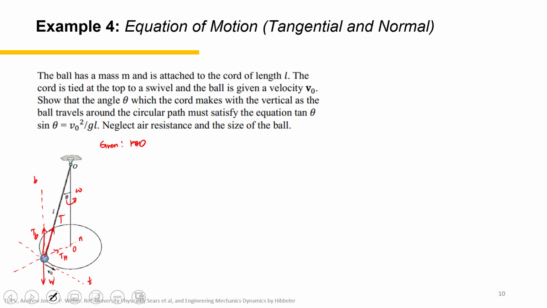So I guess we need to go for our next step, which is the equations of motion. Take note that the ball is having a constant initial velocity, which is v sub naught, and v sub naught is constant. And that is a very good assumption because there are no other forces that act along the tangential axis.